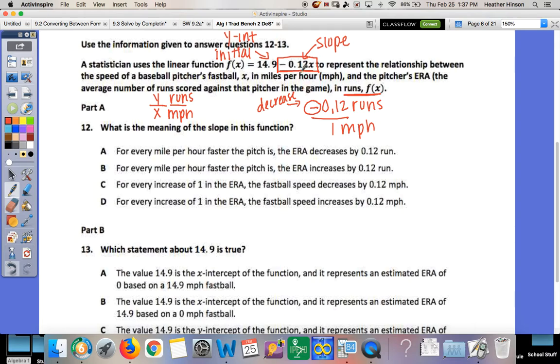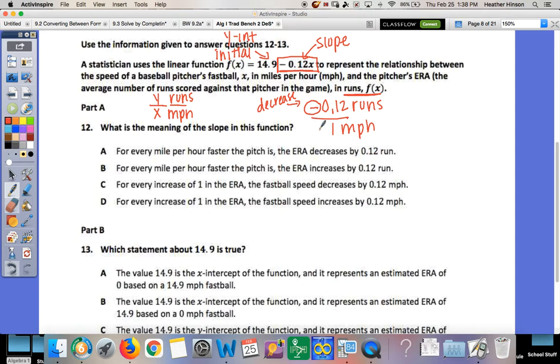So let's look at our questions. For every mile per hour faster the pitcher is, the ERA decreases by 0.12 runs. So for 1 mile per hour, we are decreasing 0.12. Is that true?